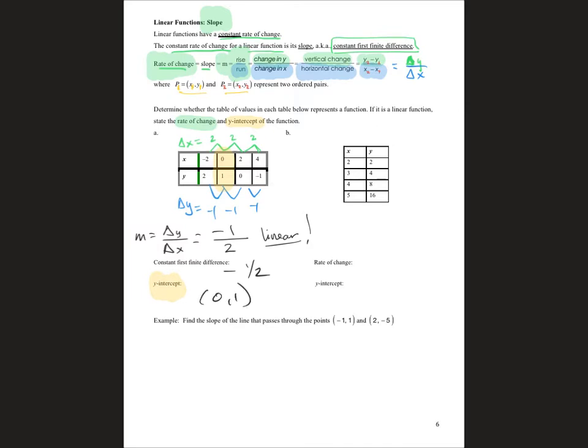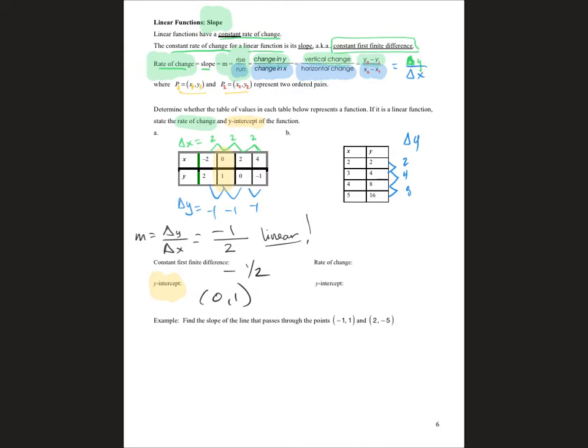Now, let's look at the next one. Is it a function? Yes, it's a function. Is it linear? Well, let's look at our changes. Change in y. 16 minus 8, 8. 8 minus 4, 4. 4 minus 2, 2. Let's see.